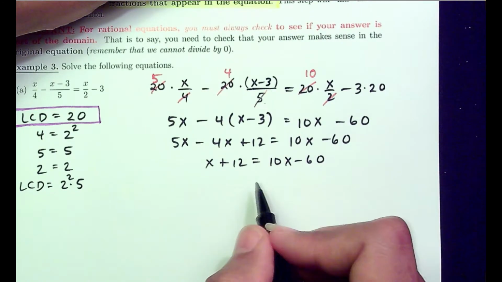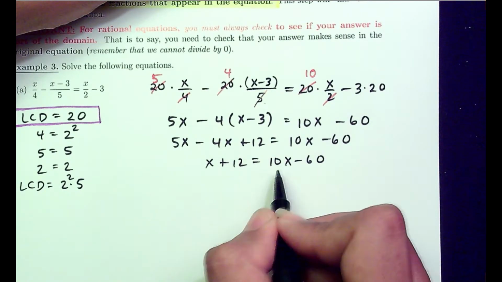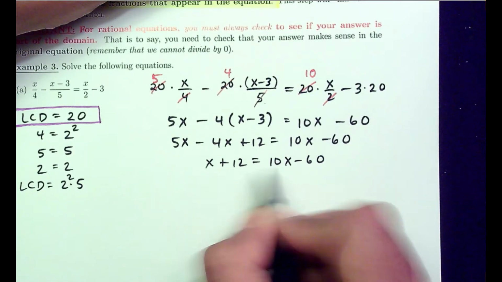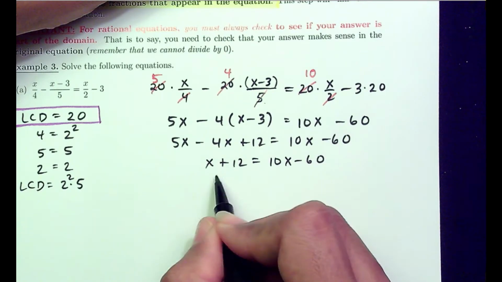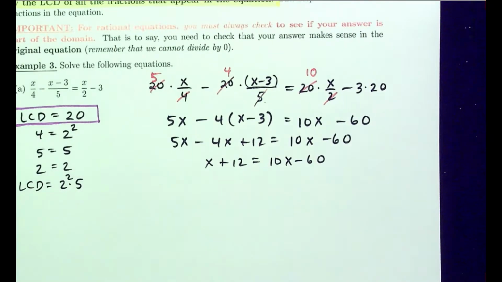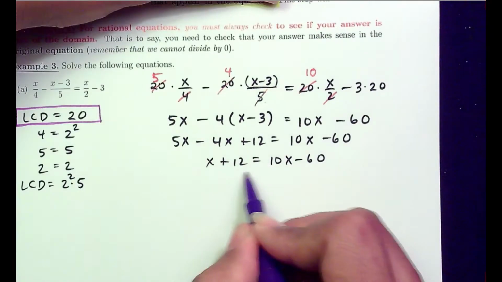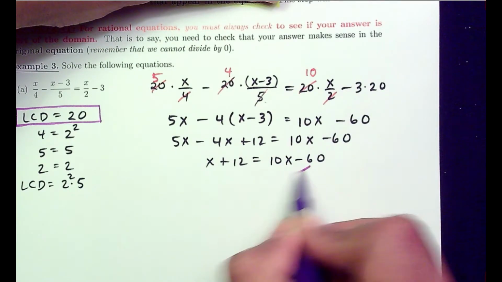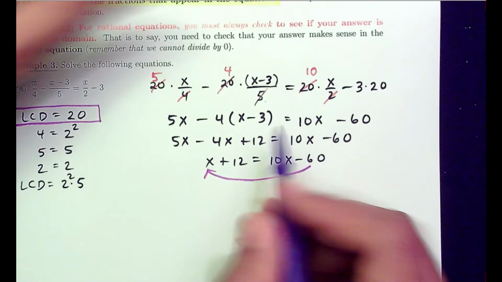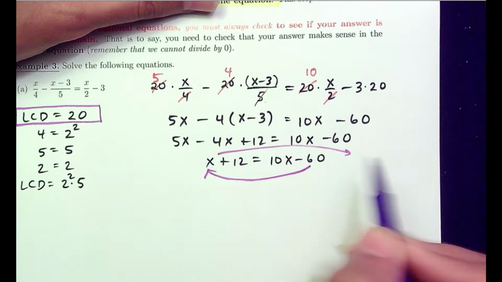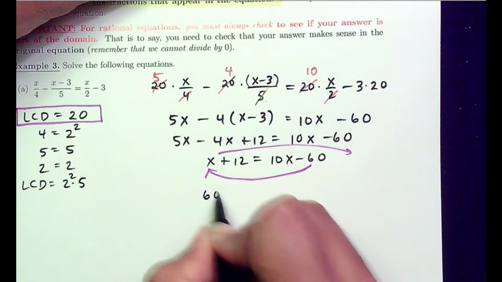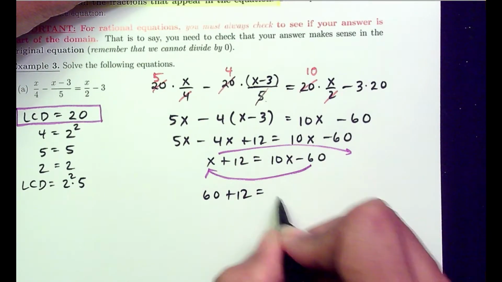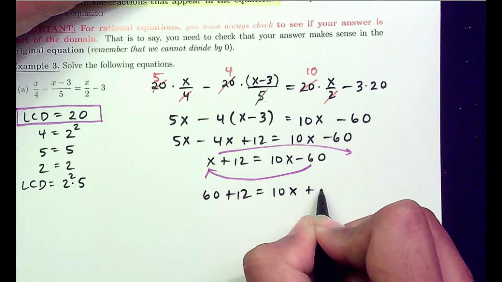Now moving things around, let's say you move the x's. Doesn't really matter, but I'm going to move the 60 over here, and I'm going to move the x over there. So what do we get? We're going to get 60 plus 12 equals 10x minus x.